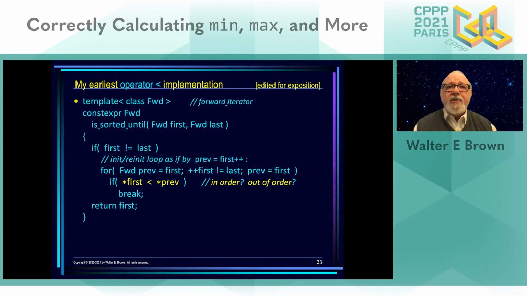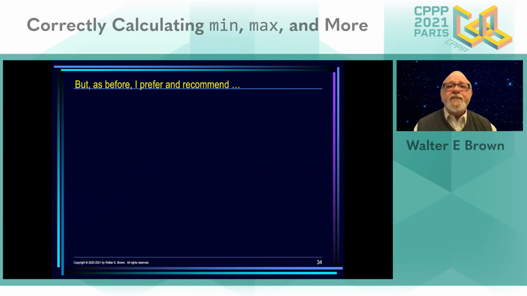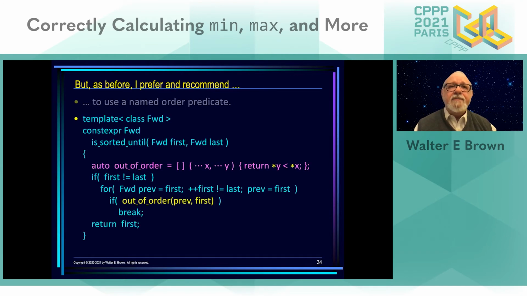So as I hinted at earlier in this talk, I now prefer and recommend to use what I call a named order predicate. And my code has evolved into this. I introduce out_of_order. Here I do it with a lambda, which of course is available ever since C++11.